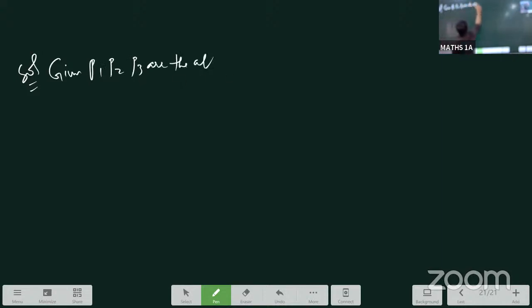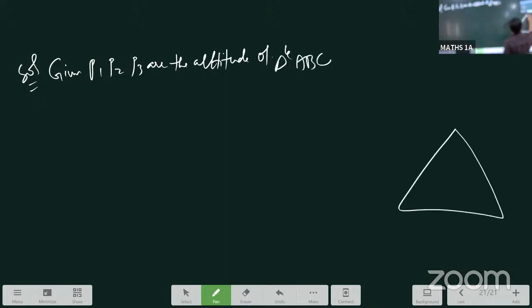See the solution. What is given is p1, p2, p3 are the altitudes of triangle ABC. It means, suppose this is A, B, C. This is your altitude p1 with opposite side base a.